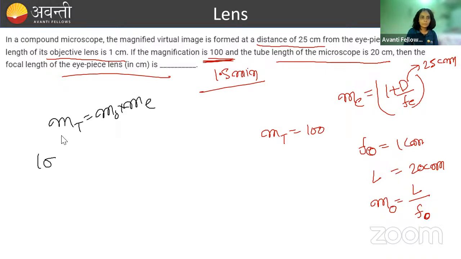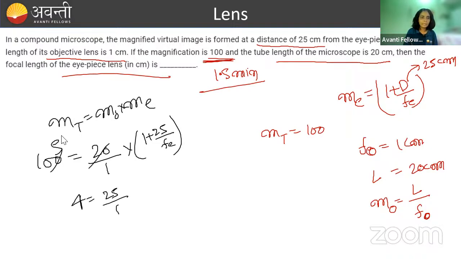Total magnification is 100. M naught is L by F naught, L is 20 centimeter, F naught is 1 centimeter. Me is 1 plus 25 by Fe. So this is going to be 5, 5 minus 1, 4, 25 by Fe. So Fe is equal to how much?